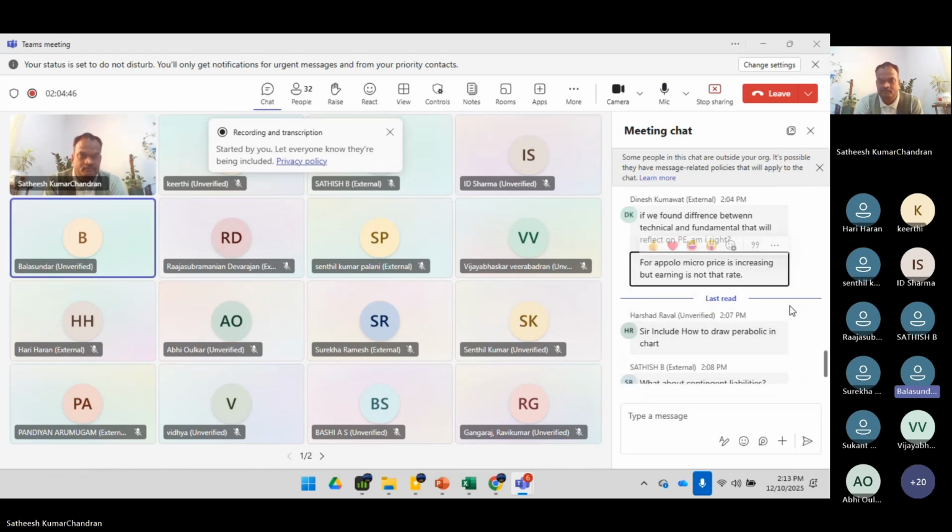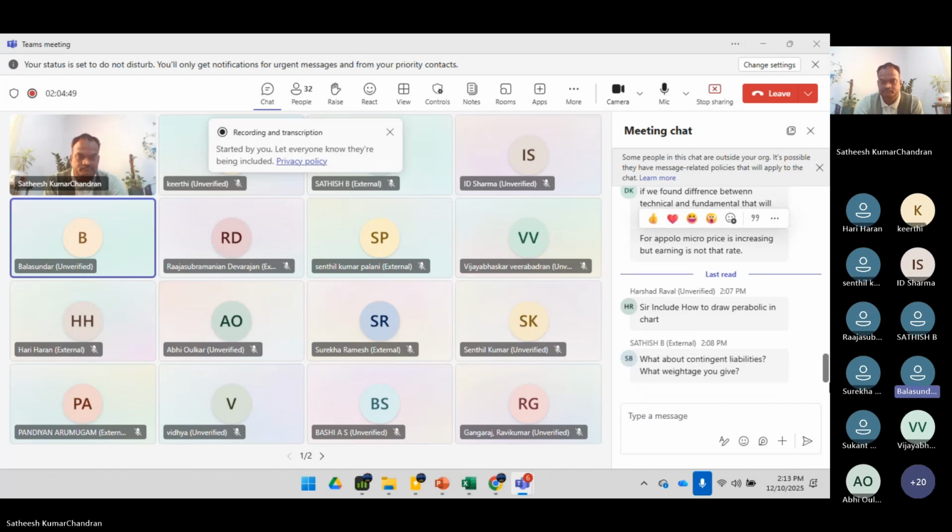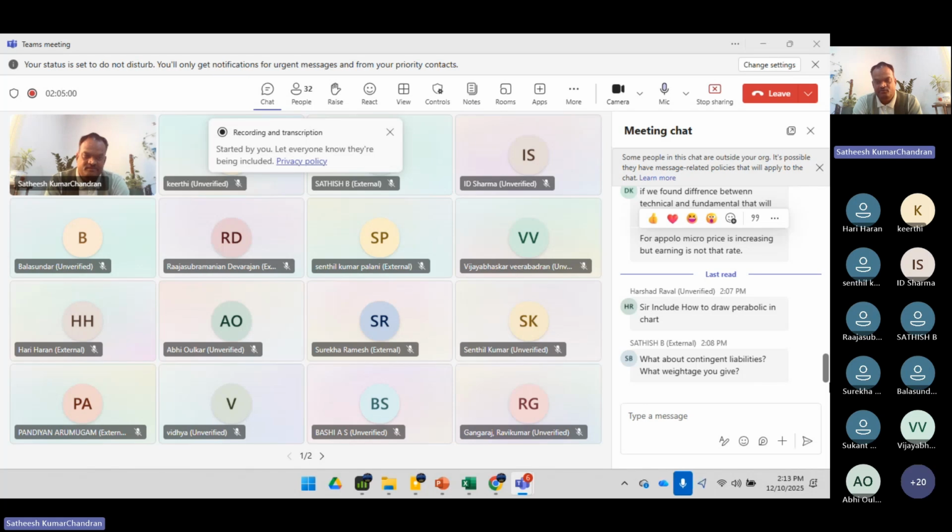No, I think he means like any emergency. Yeah, contingent liabilities are like expected liabilities in the near future. But it's not so critical, not so important to follow.